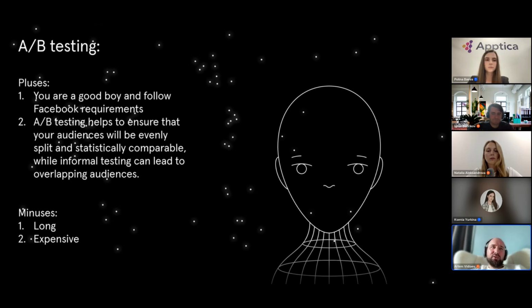Long because you need to launch this approach for 2 weeks. If I'm right, maybe some setup can be changed, but by my past information, it's 2 weeks, because you need to collect 50 optimization events to tell that you completely completed this test.